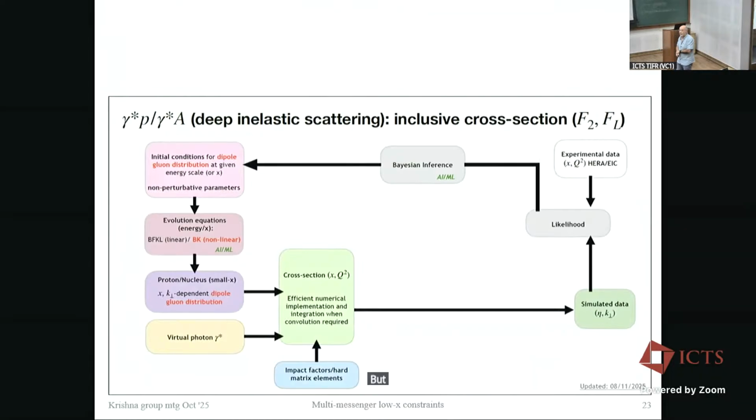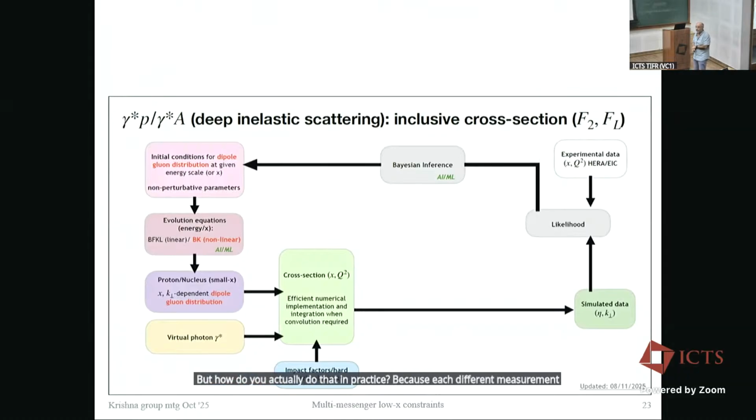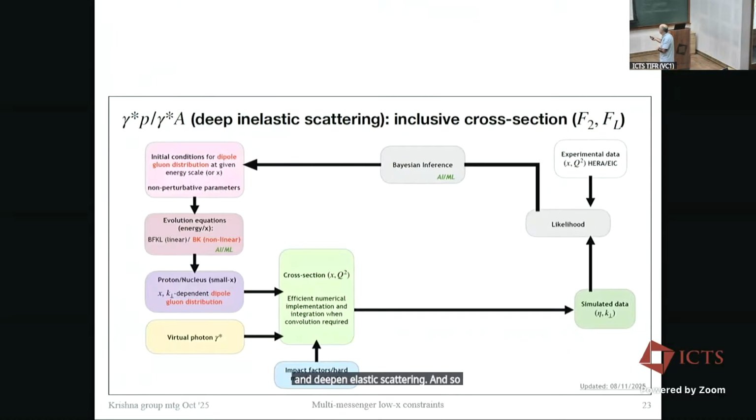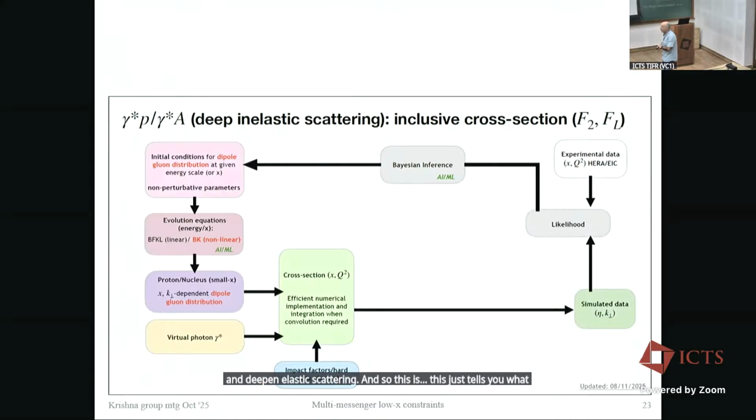But how do you actually do that in practice? Because each different measurement channel requires a different theoretical calculation. Here is a workflow or flow diagram for the simplest kind of observable one can imagine, F2 and FL in deep inelastic scattering. This tells you what the calculation would have to consist of.